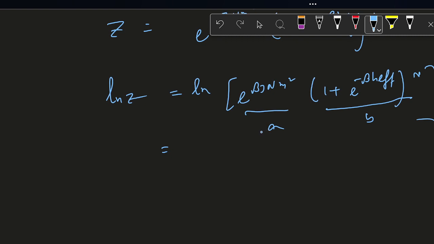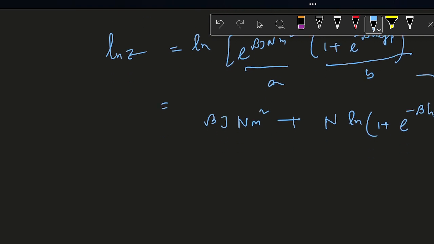Dealing with the first term, ln of exponential of this thing just makes it beta J n m squared, plus ln of b, which means this n comes to the front, then ln of 1 plus e to the power minus beta h effective. So this is your ln Z.